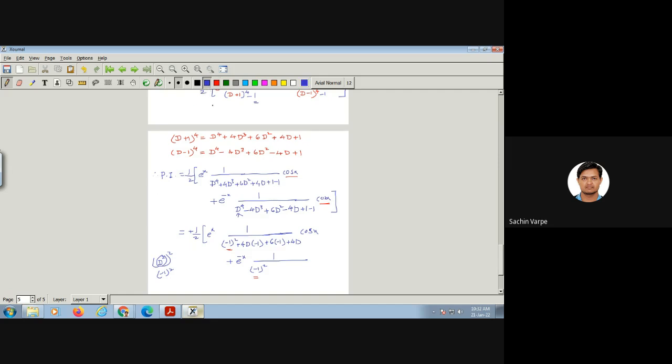Okay. Minus 4D into D square, but D square is minus 1. Plus 6D square, but D square is minus 1. Minus 4D plus 1 minus 1 gets cancelled, cos x. Is this clear? Is it clear to everyone up to here?